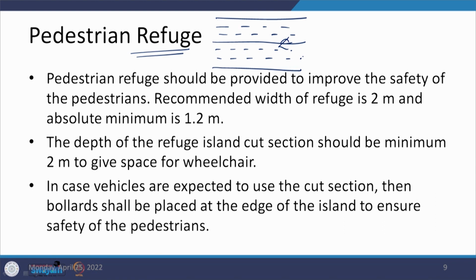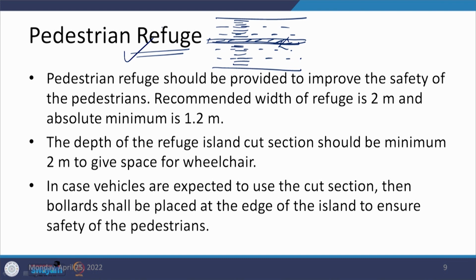So, that is a 3 plus 3, 6 lane system, which may even be a divided system. So, I may provide a median here like this, and now pedestrians are going to cross at this location because of the requirement. So, what needs to be done? How can they be made safe and secure at this particular crossing? That is what we are trying to see, and that is where the refuge is going to be.